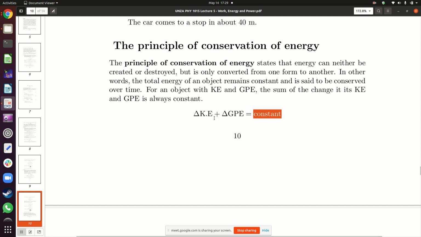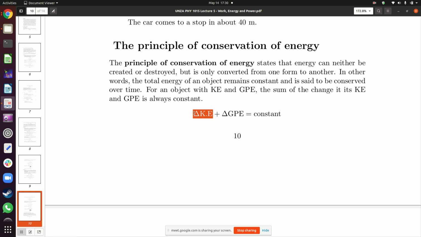How I would explain this is that, for example, if you were driving a car and it goes uphill, then while going uphill, it is gaining gravitational potential energy. However, as it is going uphill, it is losing kinetic energy. So you can't have both at the same time.